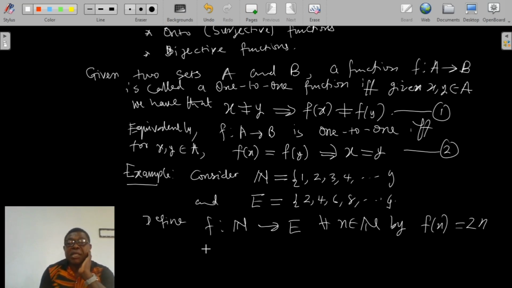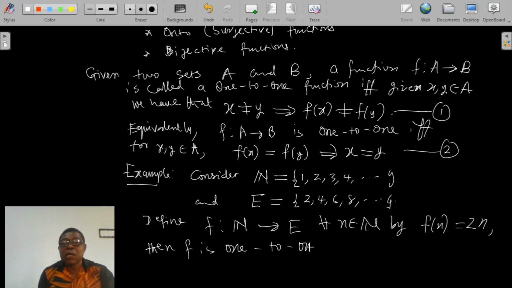We can easily see that the function f defined this way is one-to-one. This is because f is one-to-one.